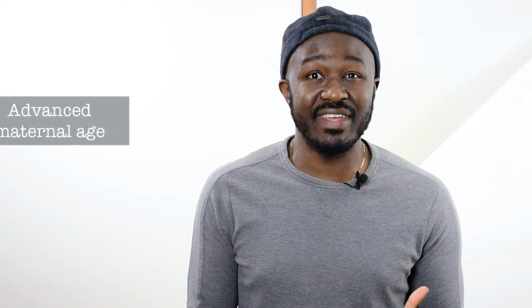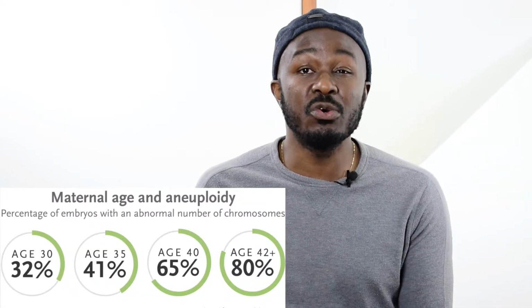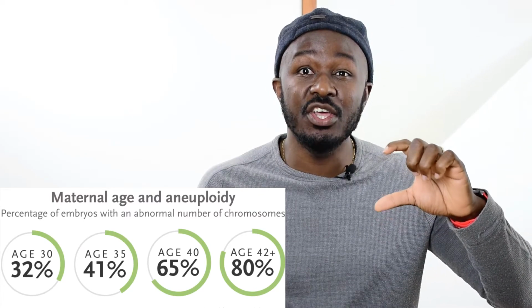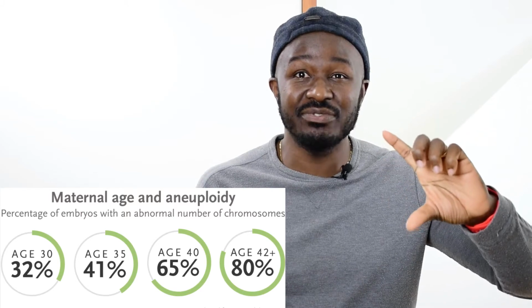One other main cause of infertility is advanced maternal age. As women age, the quality of their eggs declines. There is an increase in the number of aneuploid oocytes, meaning that the number of chromosomes in the eggs is either lower than 46 or higher than 46, right?